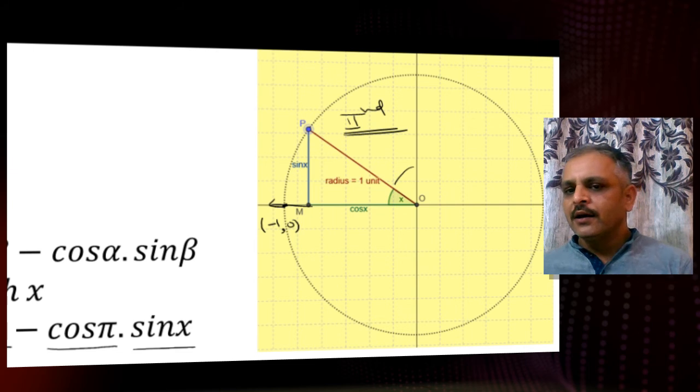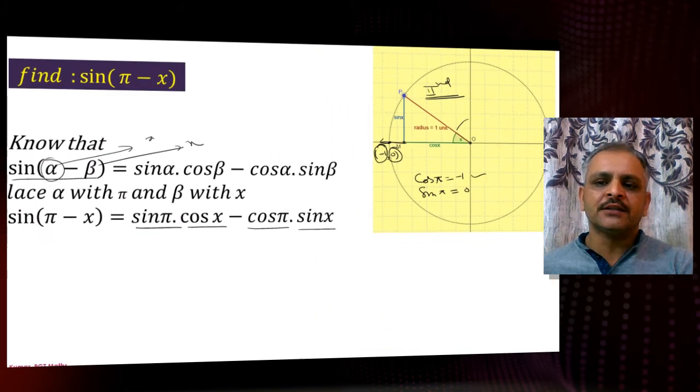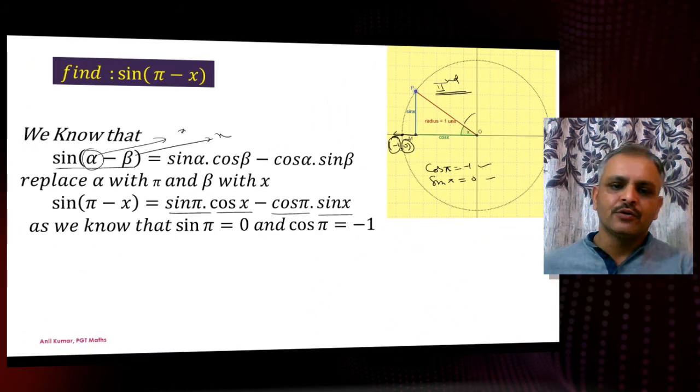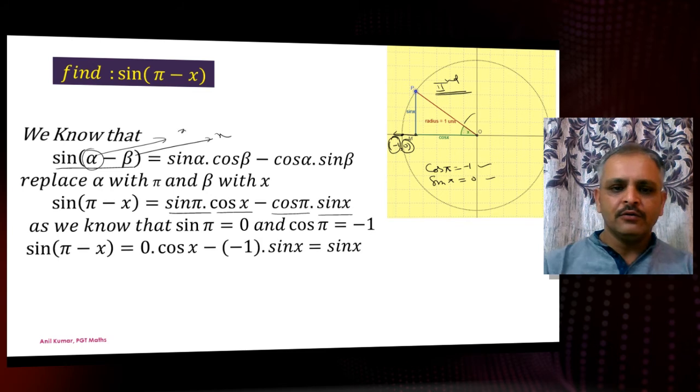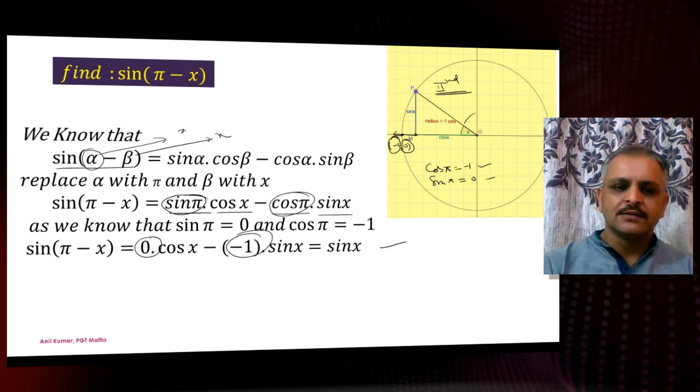That means cos pi is minus 1 and sin pi will become 0. As we discussed in the previous videos, the x coordinate represents cos and the y coordinate represents sin. So cos pi will be minus 1 and sin pi will be 0. So let's put the values. Instead of sin pi, let's put 0. Instead of cos pi, let's put minus 1. So we got sin x.